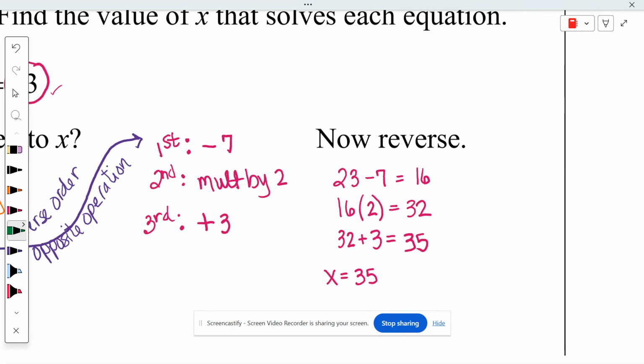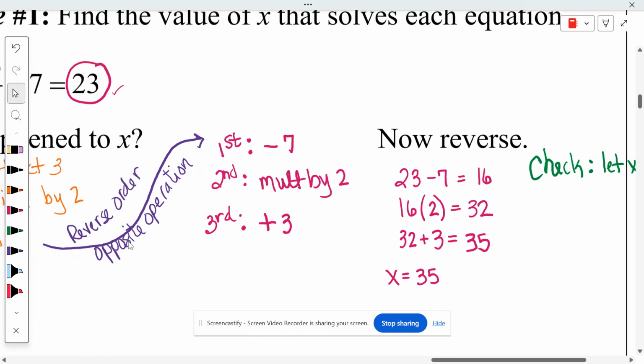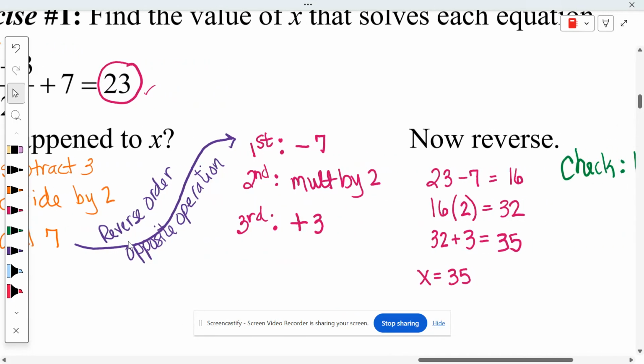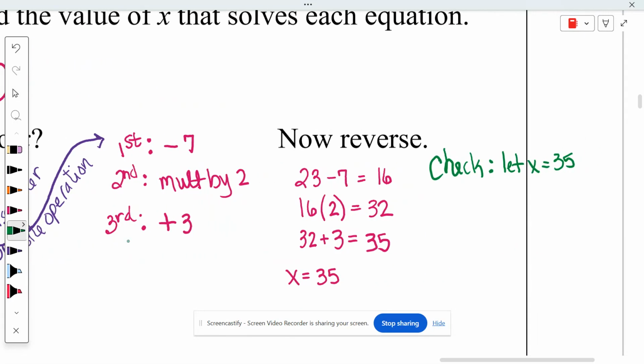Now, I always like to check that. So we're going to check it. How do we do that? Well, we let x equal 35, and we plug that into our original equation. X minus 3, all divided by 2, plus 7 equals 23.